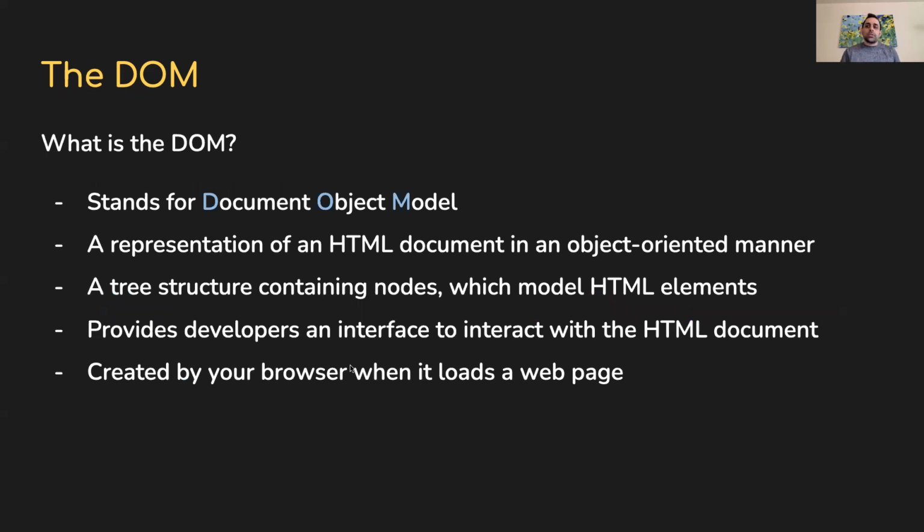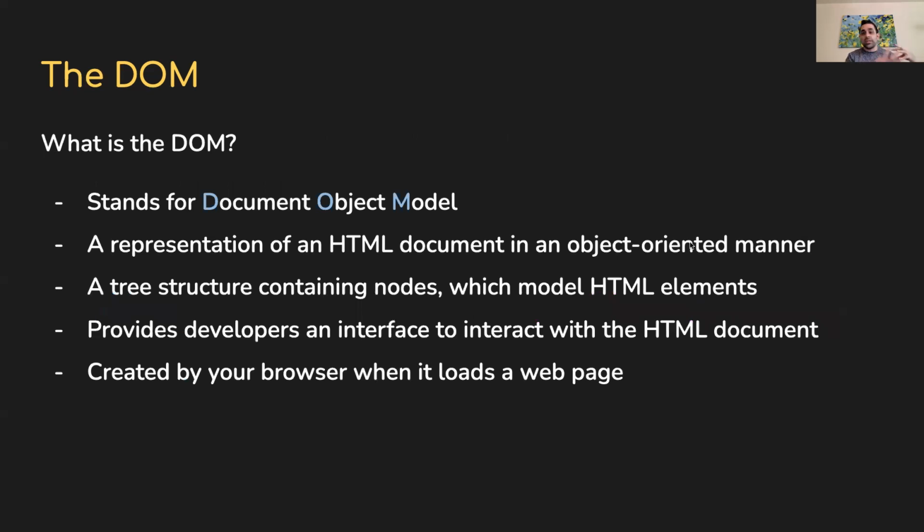As I mentioned, the DOM stands for Document Object Model. Important thing here, it's a representation of your HTML document in an object-oriented manner. Hopefully that term sounds familiar because we had OOP week a couple weeks ago. This is another example of object-oriented design.